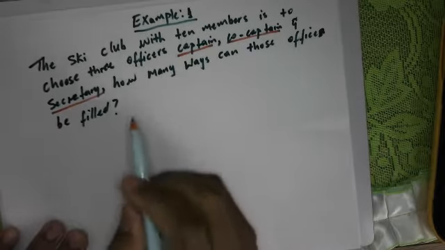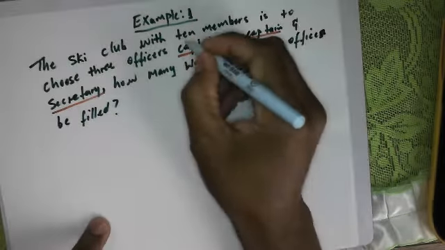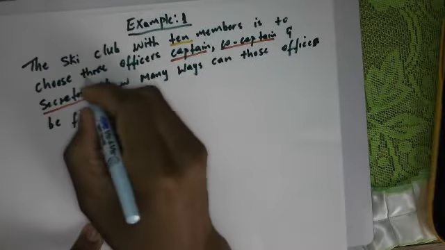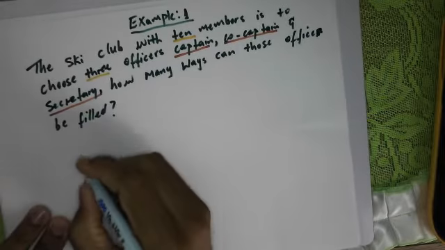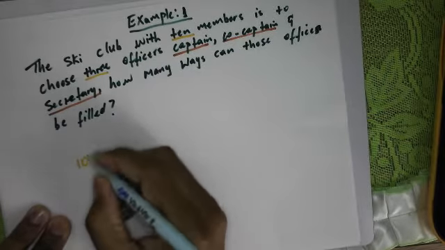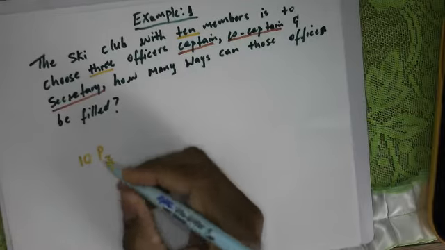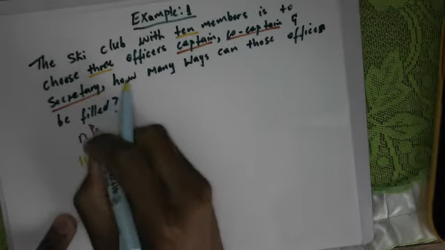So the total number we have in this case is 10. So this would be your n. But you're selecting 3 officers. So this would be your r. Okay? So this would be 10P3, coming from this formula, nPr.